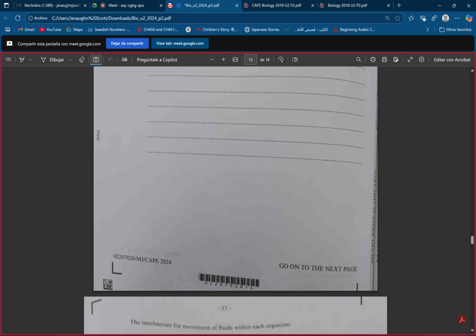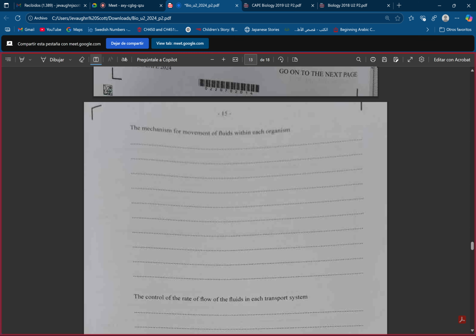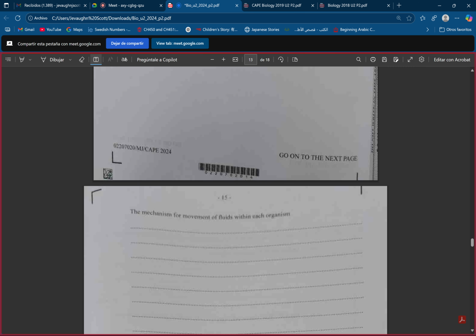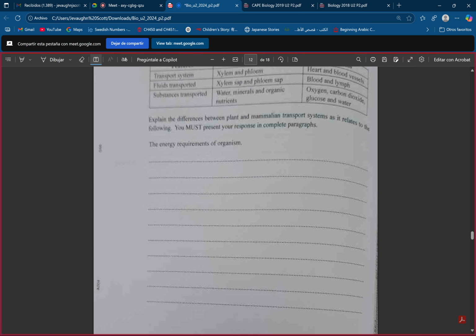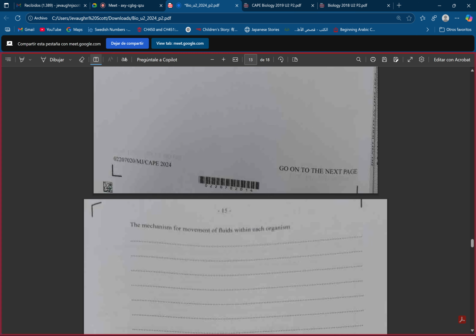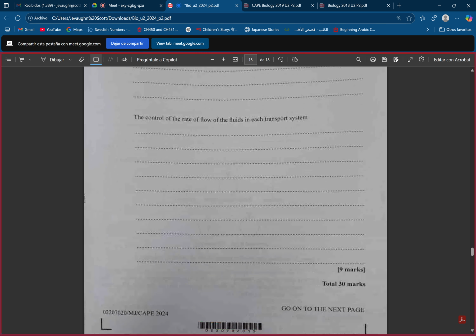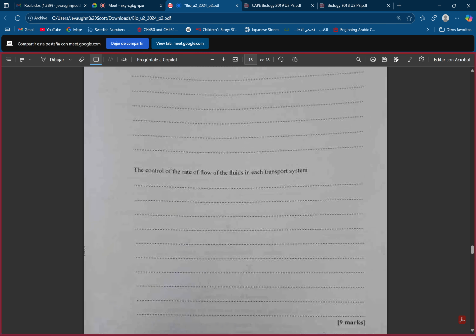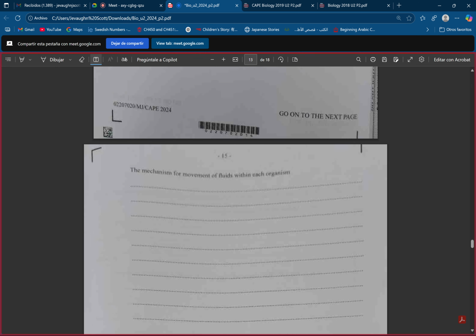Then mechanism of movement of fluids, then control of the rate of flow of fluids. Let me just check how many is 4, or is that it? That's the last one? Yes. So the control of the rate of flow of fluids.